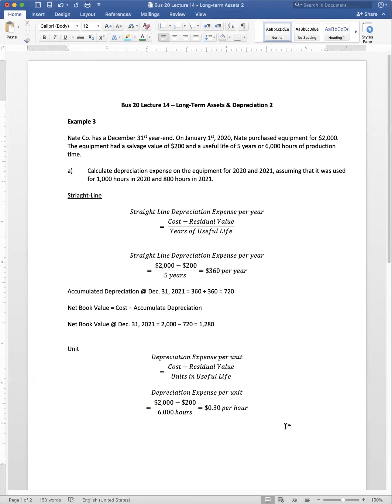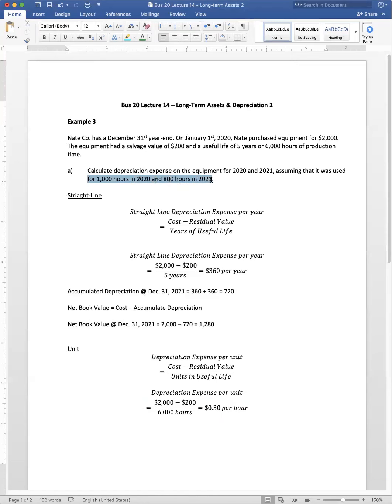Okay, so let's get the depreciation expense for 2020 and 2021. Now, to get the depreciation expense for the year, we need to take the depreciation expense per unit and multiply by the units used in the year. And in this case, the units are the hours, right? The hours of production time. So in 2020, we know that they had 1,000 hours, right?